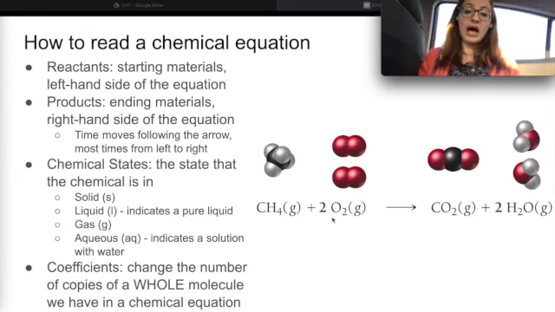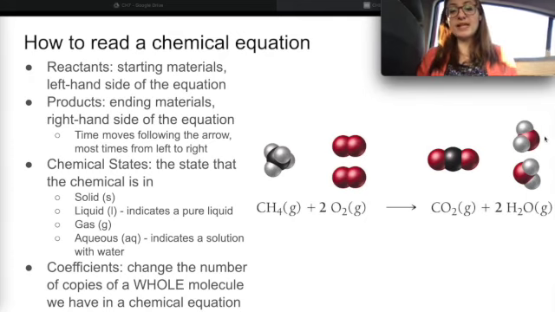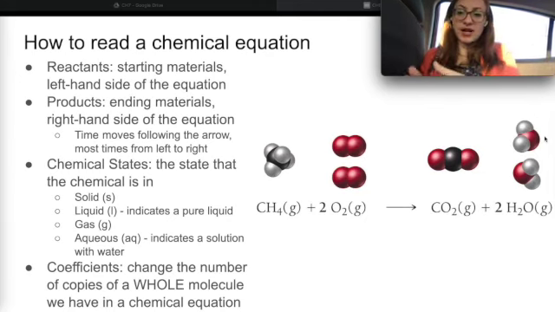So here we have 2 whole oxygen molecules, and over here we have 2 whole water molecules. So this is telling us that 1 methane molecule reacts with 2 oxygen molecules to make 1 carbon dioxide molecule and 2 water molecules.